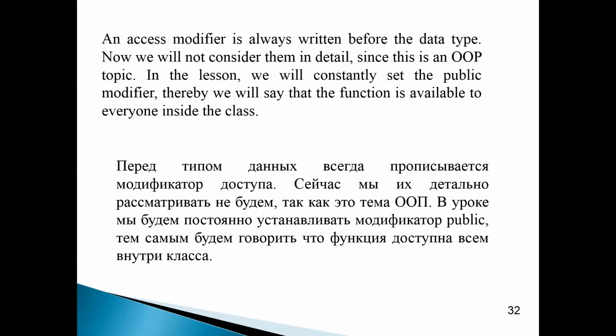An access modifier is always written before the data type. Now, we will not consider them in detail, since this is an object-oriented programming topic. In the lesson, we will constantly set the public modifier.